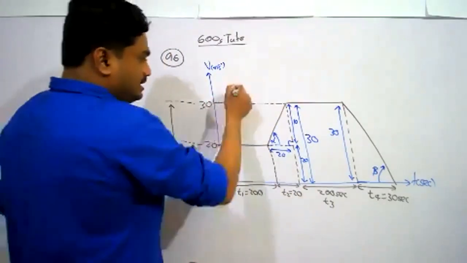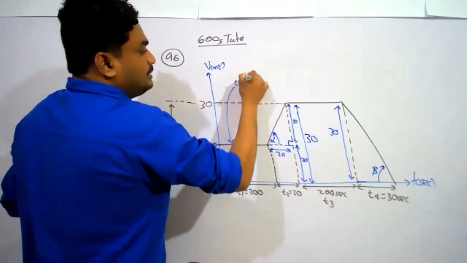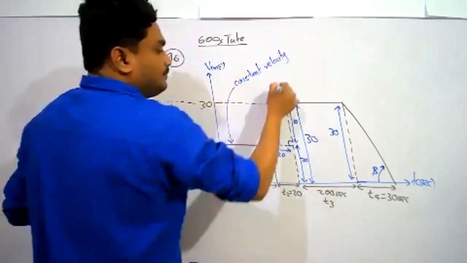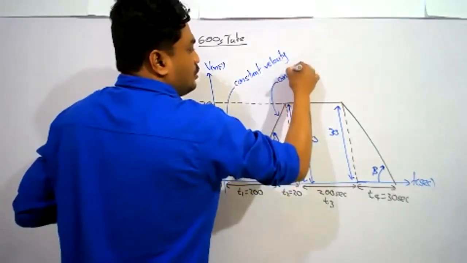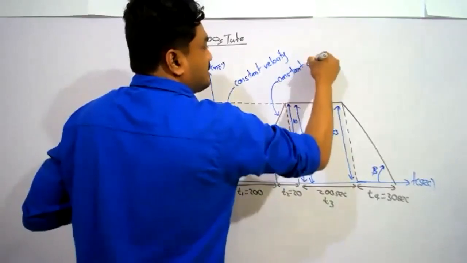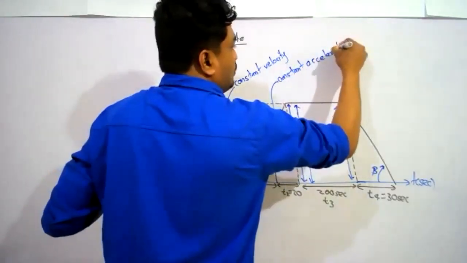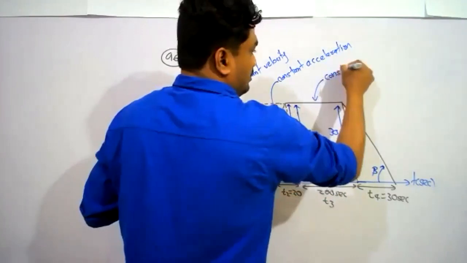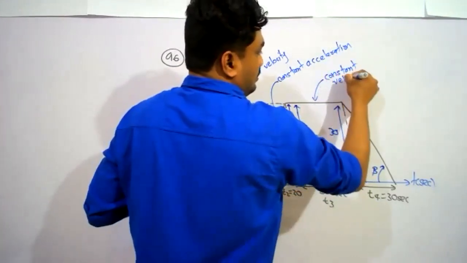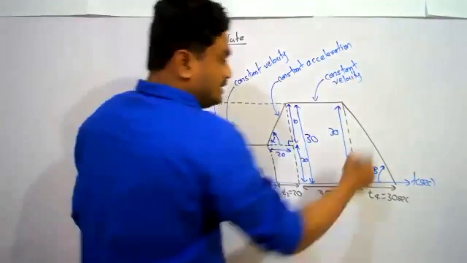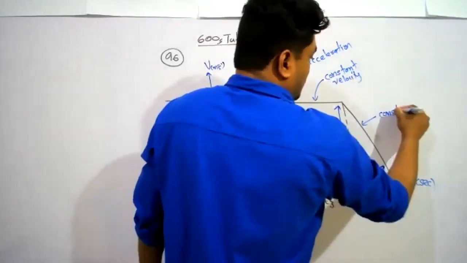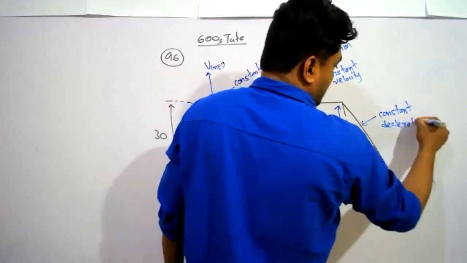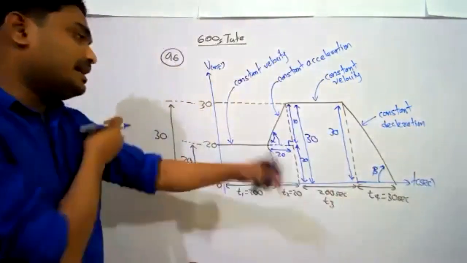So here this is constant velocity, this is constant acceleration, this is again constant velocity, and this is constant deceleration. You can use any letters to indicate the motion.